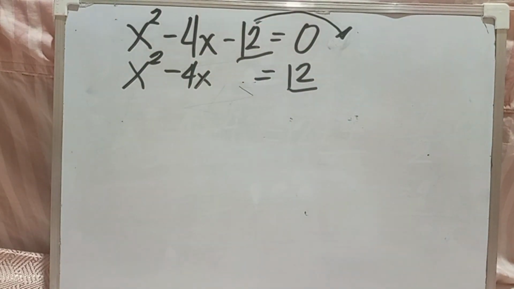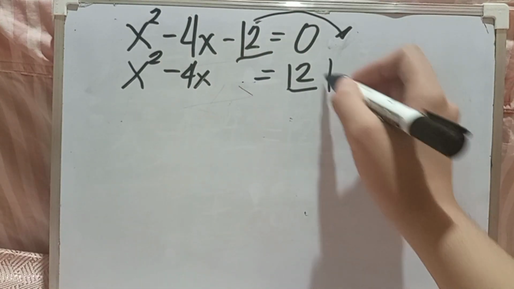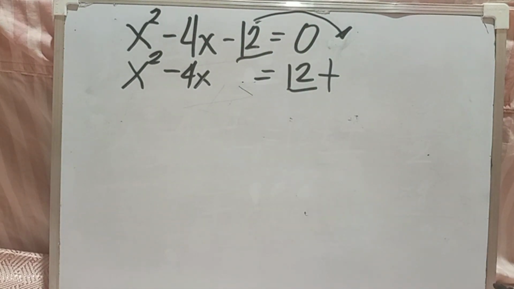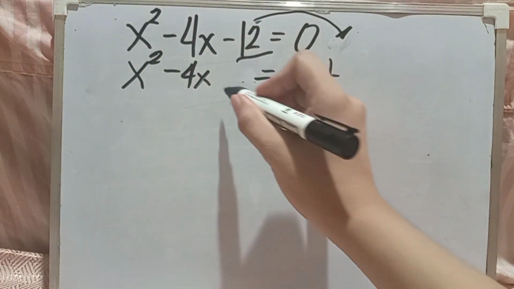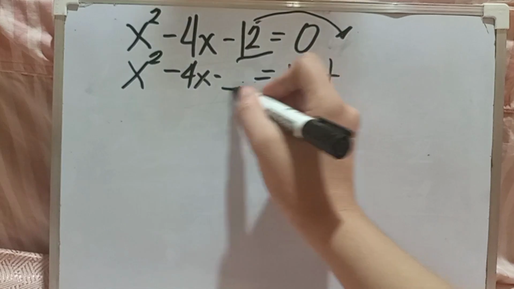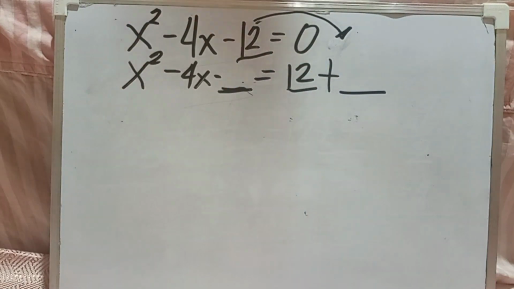If you notice, there is space after the 12 because we will put a blank and another blank. Our target now is to create a perfect square trinomial.